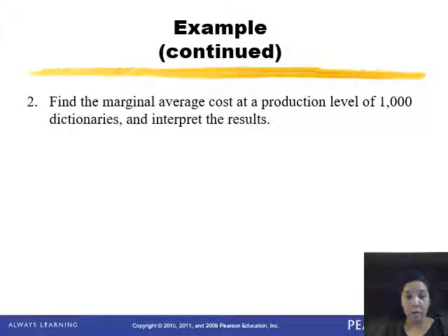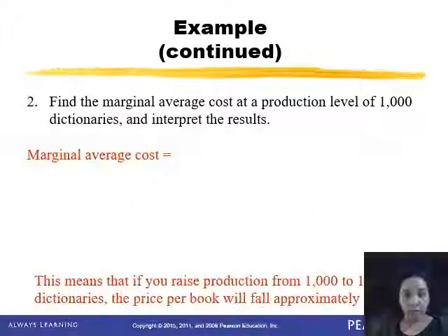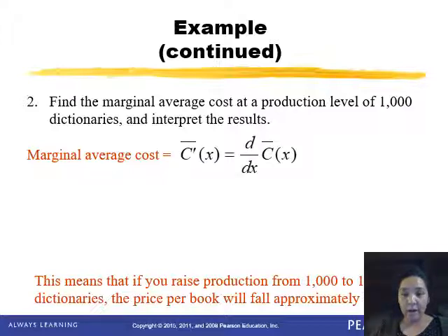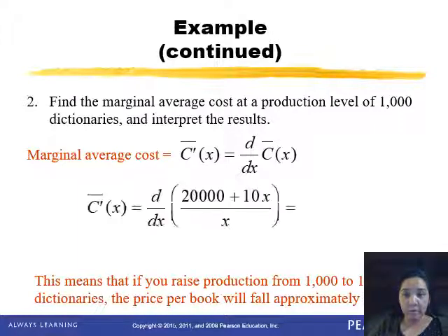So what is the marginal average cost at a production level of 1,000 dictionaries? Okay, so let's find the marginal cost, and again, it's the derivative of our average cost function. And I'm going to go ahead and move this through. Now, we're going to do two different things here.